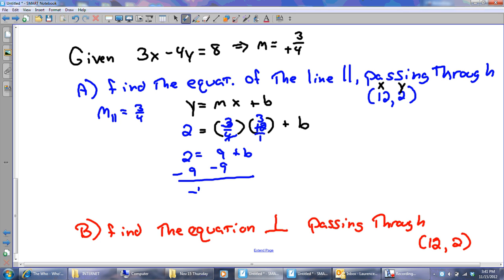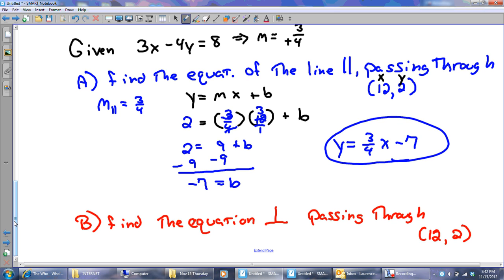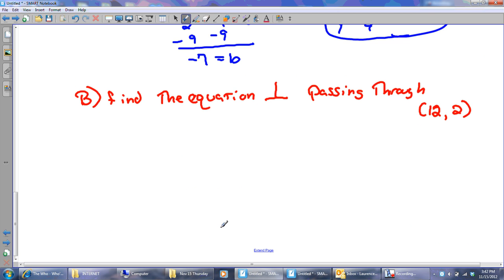And I'm going to get negative 7 equals b. My parallel equation will end up equaling y equals 3/4 x minus 7. And there you go.